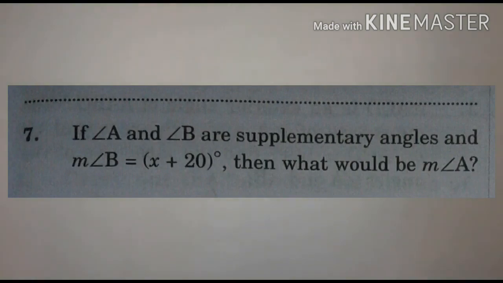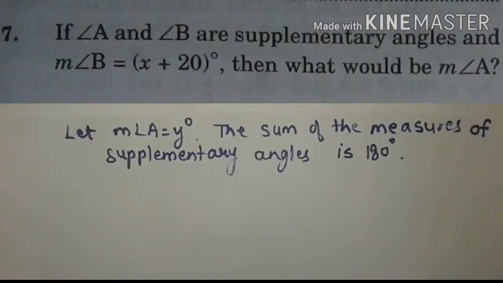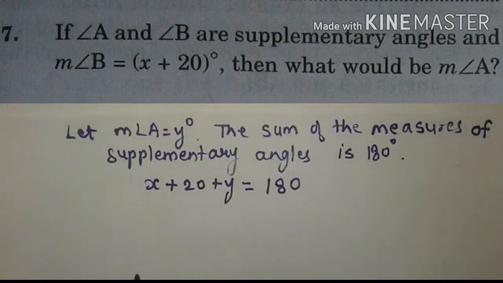Angle A and angle B are supplements of each other. If measure of angle B is equal to x plus 20 degree, then find the measure of angle A. Let the measure of angle A be y degree. The sum of the measures of supplementary angles is 180, this we know. As measure of angle B is given as x plus 20 and measure of angle A is y, so x plus 20 plus y is equal to 180.